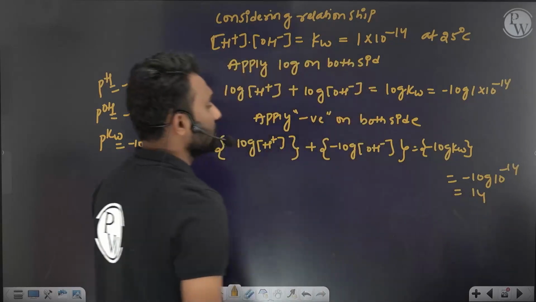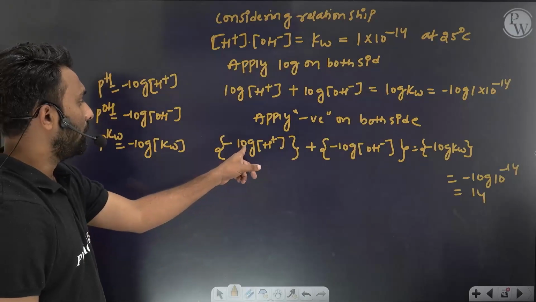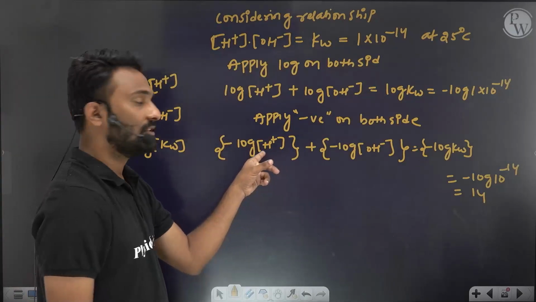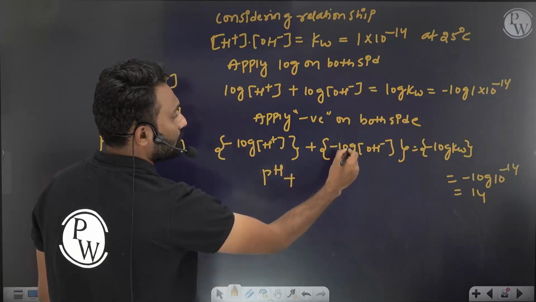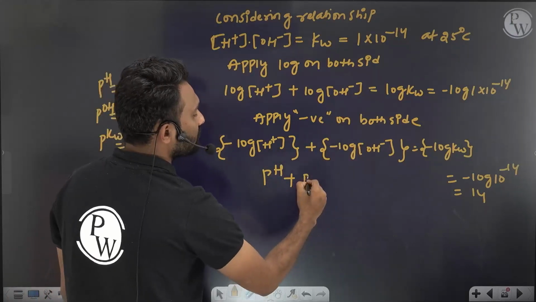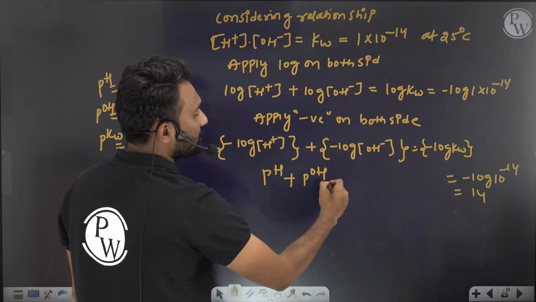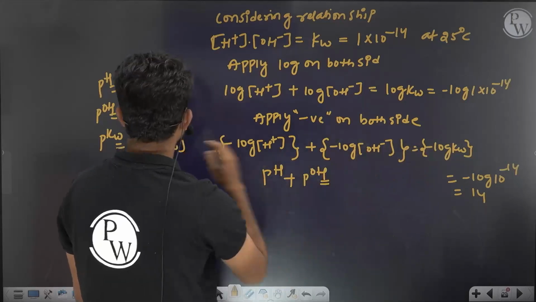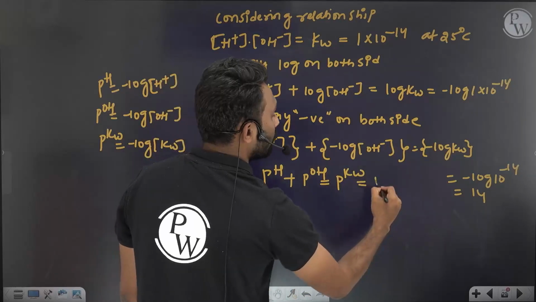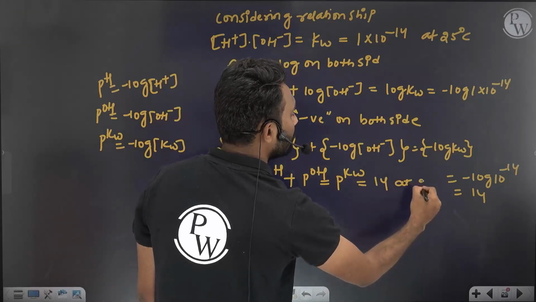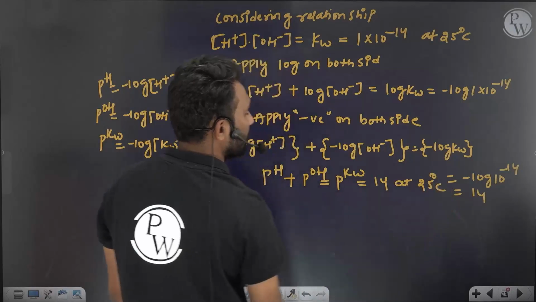See here, minus log H plus ion concentration is pH, plus minus log OH minus ion concentration is pOH, minus log Kw means pKw is equal to 14 at 25 degrees.